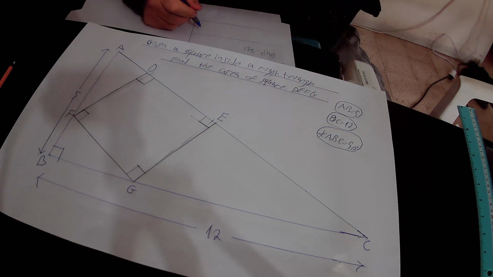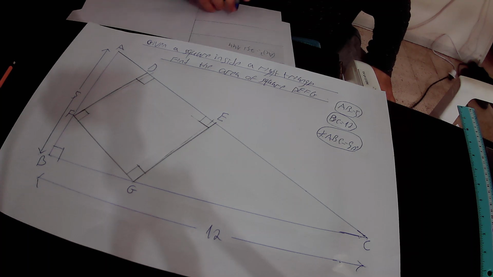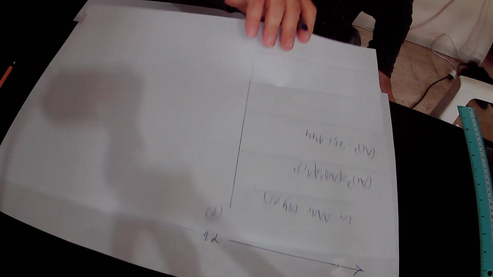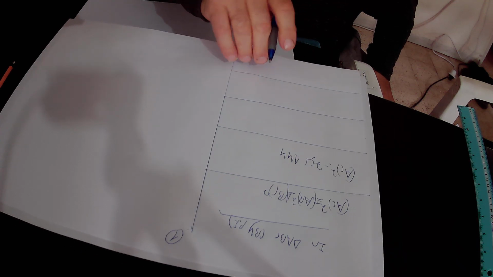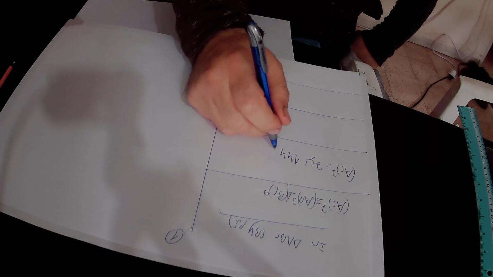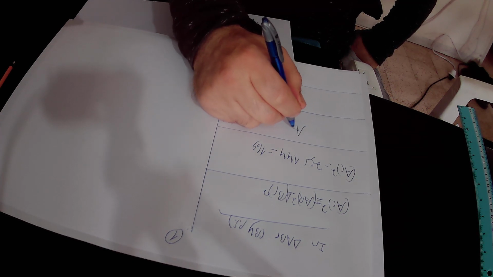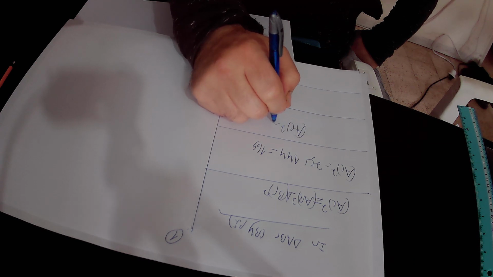BC is 12, therefore BC squared is 12 squared, that is 144. In conclusion, AC squared equals 25 plus 144. 25 plus 144 is 169. So AC squared equals 169.